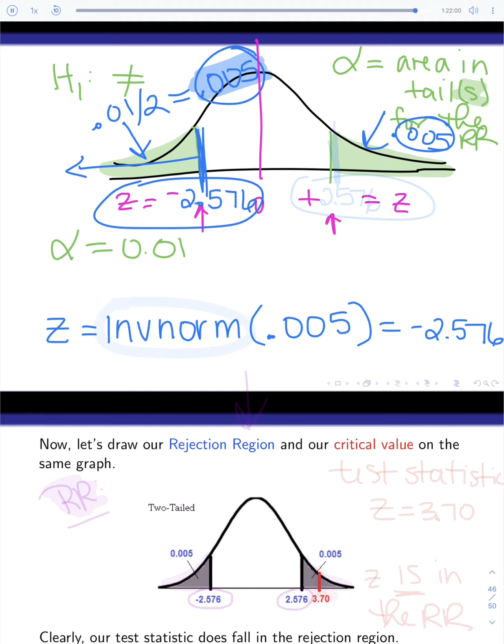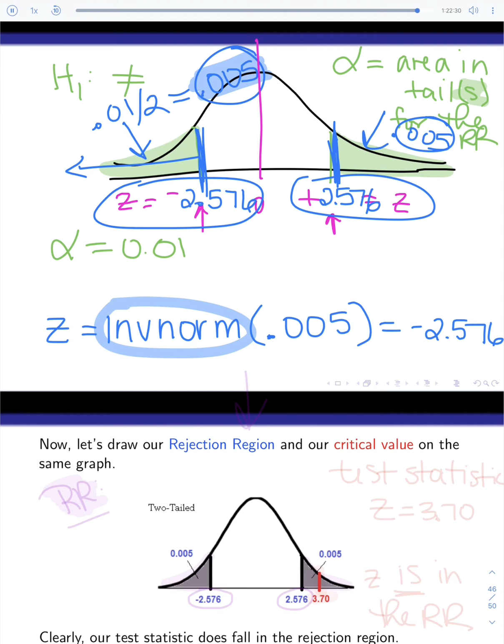What that also means is the positive tail for the rejection region is going to be the same value but positive 2.576, because it's symmetric. So those are the two values that make up your rejection region. Now, if you forgot how to get to this inverse norm, remember you go to your second key, then your distribution or vars key, and it should be the third or fourth option down.